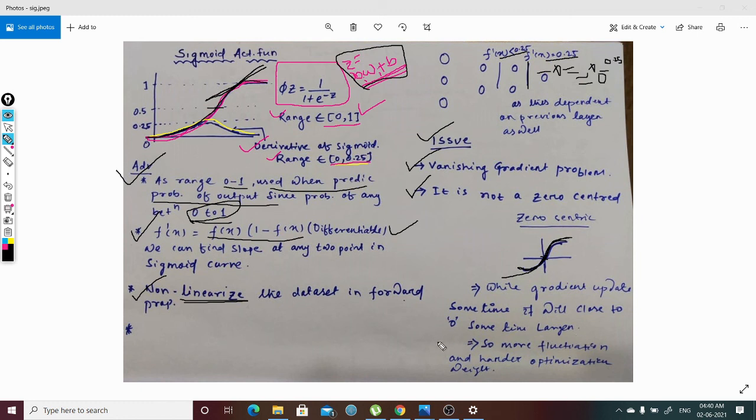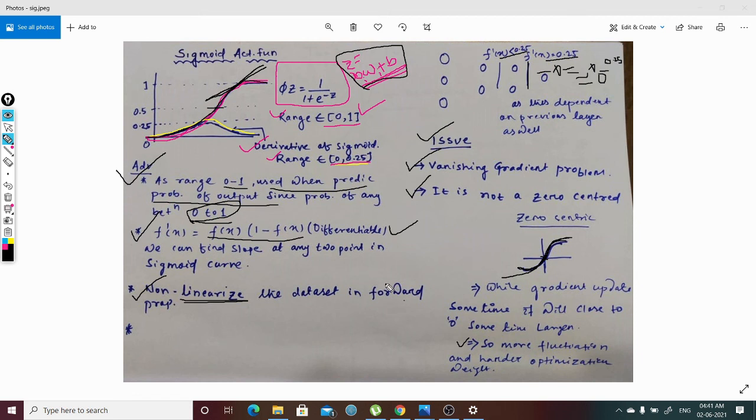So there will be much more fluctuation during the gradient optimization, or you can say the weight optimization. It takes time, and it is harder to optimize the weights, as there is much more fluctuation during gradient descent.